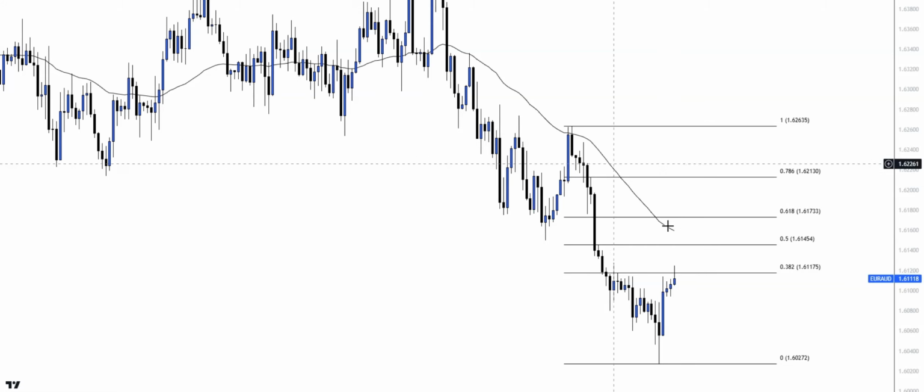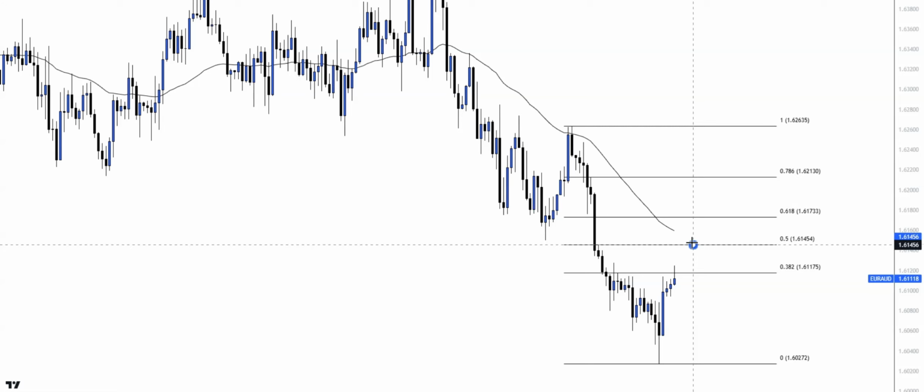So as price was pushing down, I came to the charts on Monday morning. I identified that this EMA was pushing close to this Fibonacci level. I also noticed that if I looked left, I saw a break and retest of this key level here. So for that reason, I started to draw out my zone. My zone starts at my first confluence, which in this situation was the 50 Fibonacci.